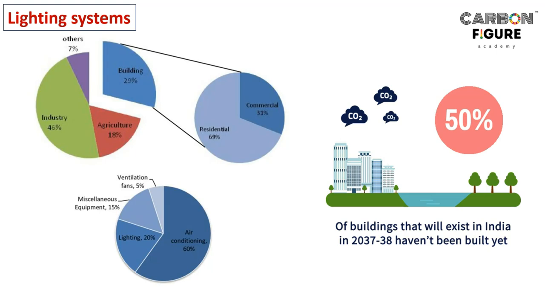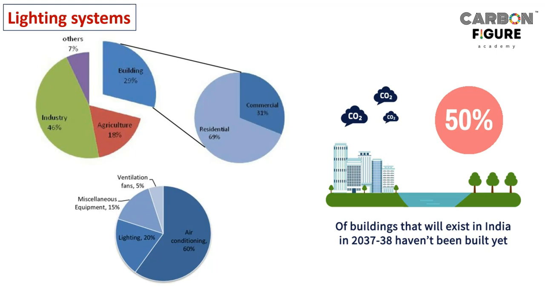We have four different contributions. One is air conditioning, second is lighting, third is miscellaneous equipment like all our electronic gadgets, then ventilation fans. If you see the percentage-wise split, air conditioning HVAC holds 60 percent, whereas lighting is 20 percent.